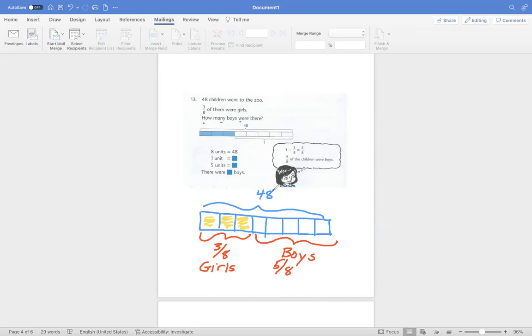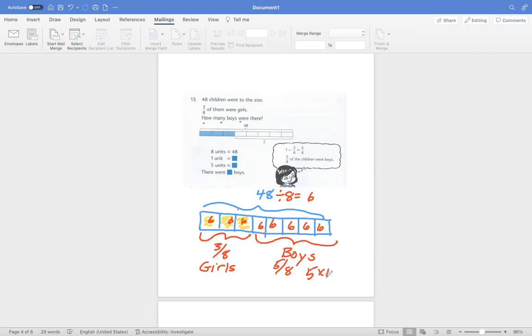And I could say, well, 48 and 8 equal parts means I can find out what 1 part is, or 1/8, by saying 48 divided by 8 equals 6, because 6 times 8 is 48. So if 1/8 is 6, I can say each of these is 6. So my boys are 5 of these parts.